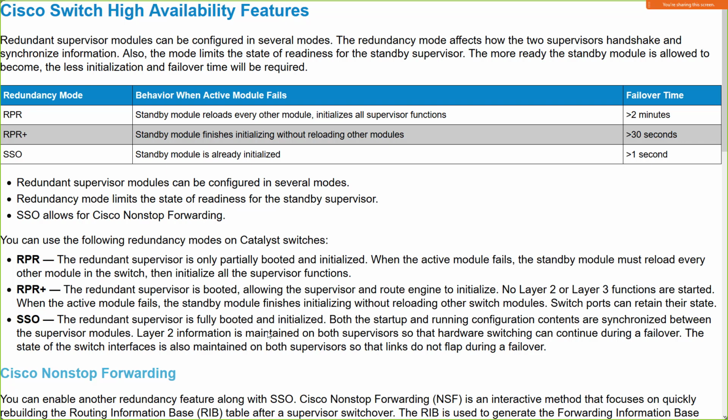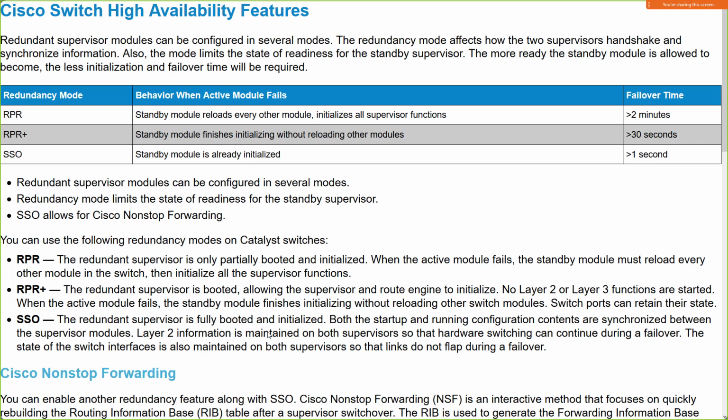If I'm running RPR for my redundancy module, it says that the redundant supervisor is only partially booted and initialized. If the active module fails, the standby module must reload every other module on the switch. So in this case, there's going to be a huge impact to the failover during that failover event, but you'll at least be up and running again after a minimal amount of time.